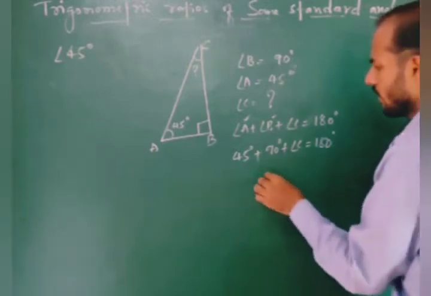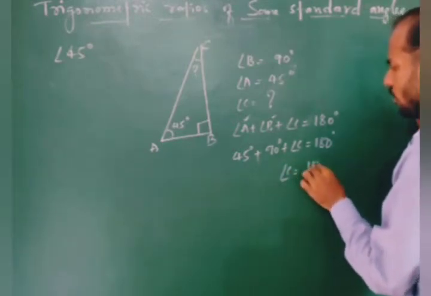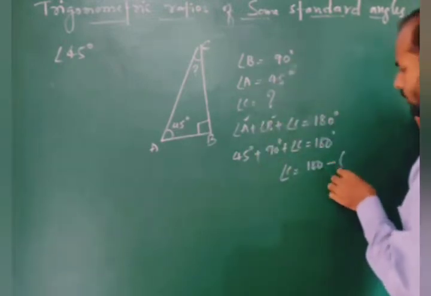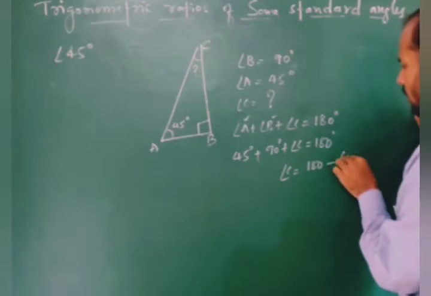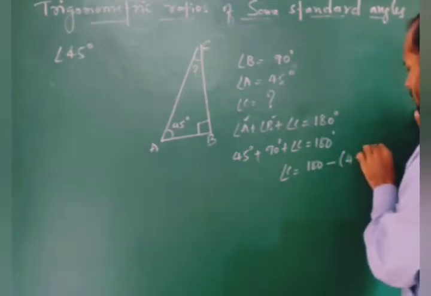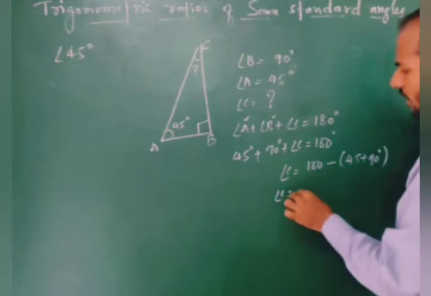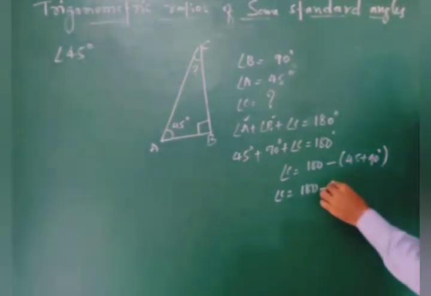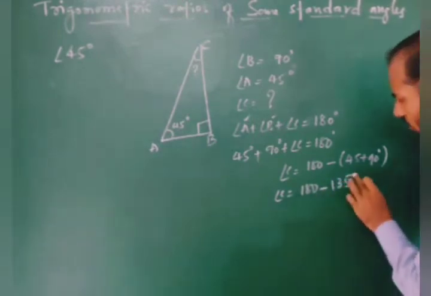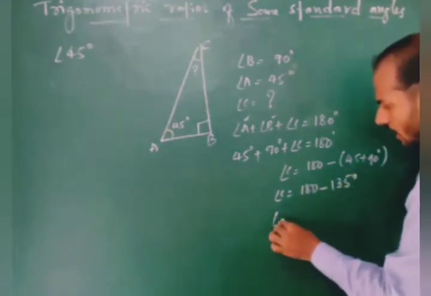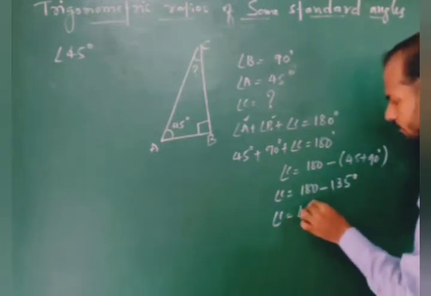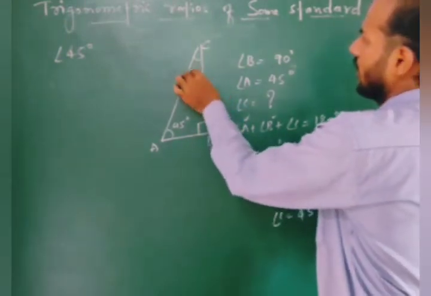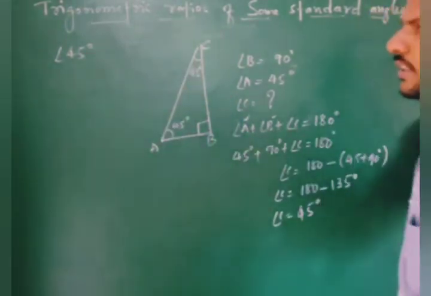Now angle C equals 180 minus 45 plus 90, which is 180 minus 135, so angle C is also 45 degree.